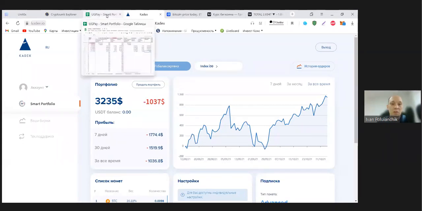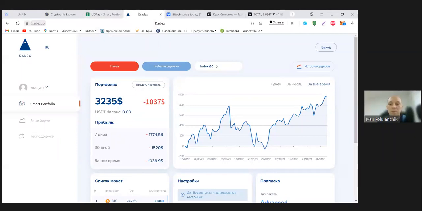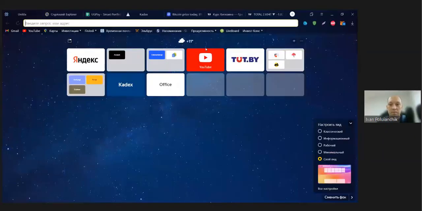To monitor the performance in our crypto wallet, there is a link to the spreadsheets called Smart Portfolio. It looks like this.